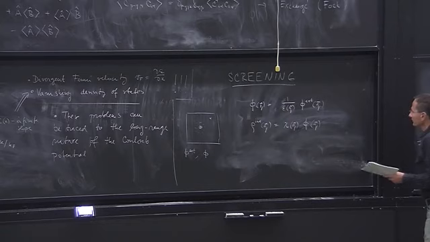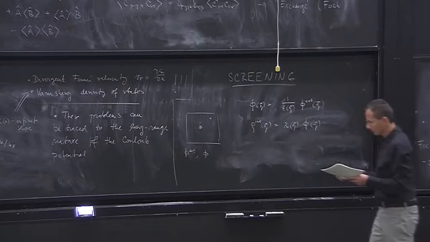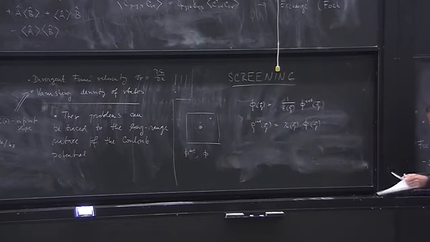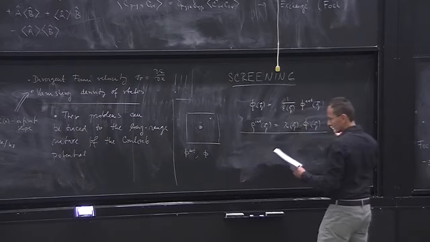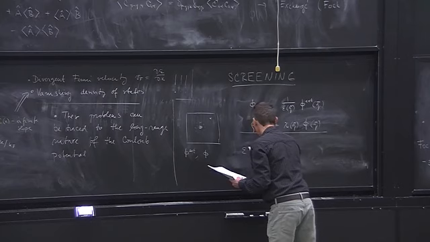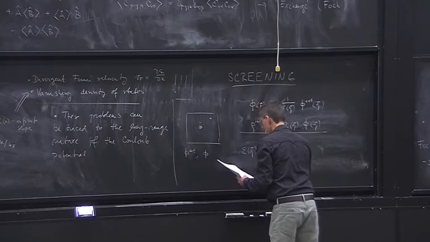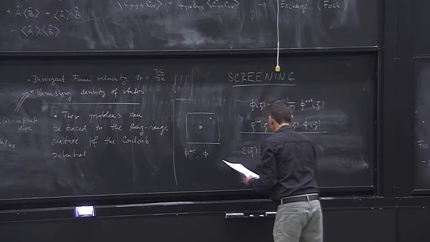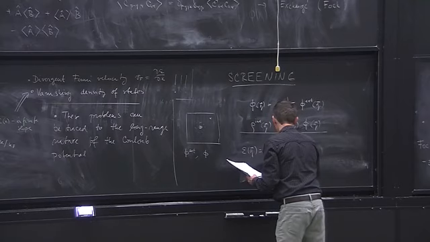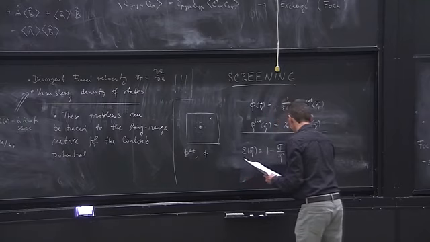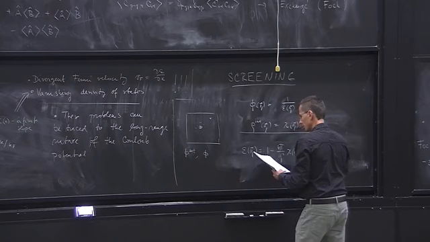And so this is the dielectric constant, this is the susceptibility. And one can show that there is a very simple relation between the two, namely epsilon of q can be expressed as 1 minus 4 pi over q squared times chi of q.